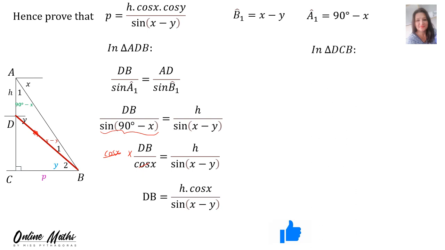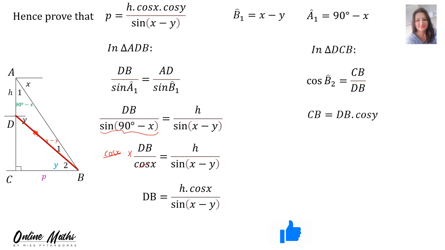Now we move to the other triangle, DCB, and we want P. So that one is a right angle triangle, and it's normal sin, cos, and tan. And the one that's going to work is cos of B2 is CB over DB, since cos's ratio is adjacent over hypotenuse.